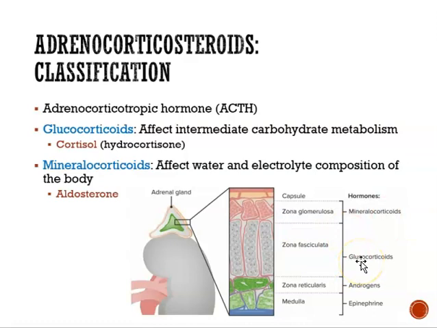It could be glucocorticoids. These are the two main ones that I want to focus on because these are the ones that are listed here. So glucocorticoids, the hormone that falls under that is cortisol. So if you're stressed, cortisol hormone gets released. Cortisol comes from glucocorticoids.